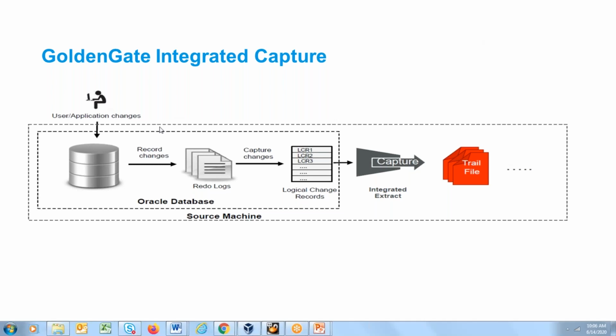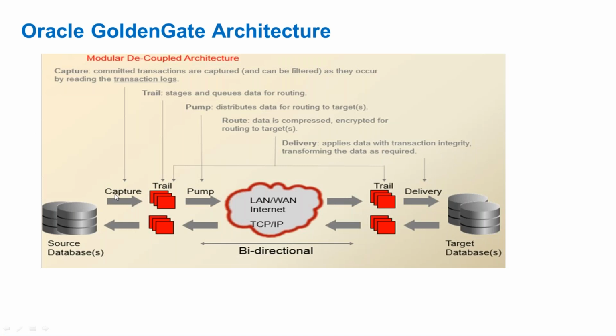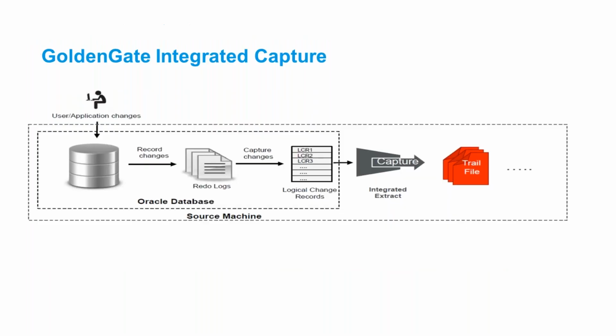How integrated capture works is, there is a log miner database in between. Let me go to the previous slide again. Here the classic extract is connecting to the source database directly and reading the transaction logs in sequential manner and will capture only committed transactions. Now in integrated capture, as soon as the changes are made, a copy of those changes gets written into the log miner.